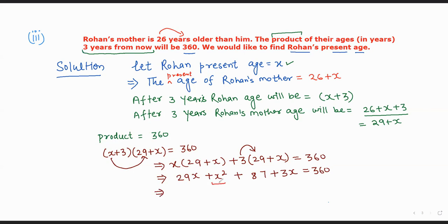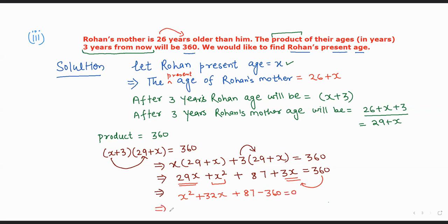Let's write it first: x square. And these are the two terms, 29x plus 3x, it will be 32x. And then we have the constant term 87. And if you take 360 to the left hand side, it will be negative 360 equal to 0.